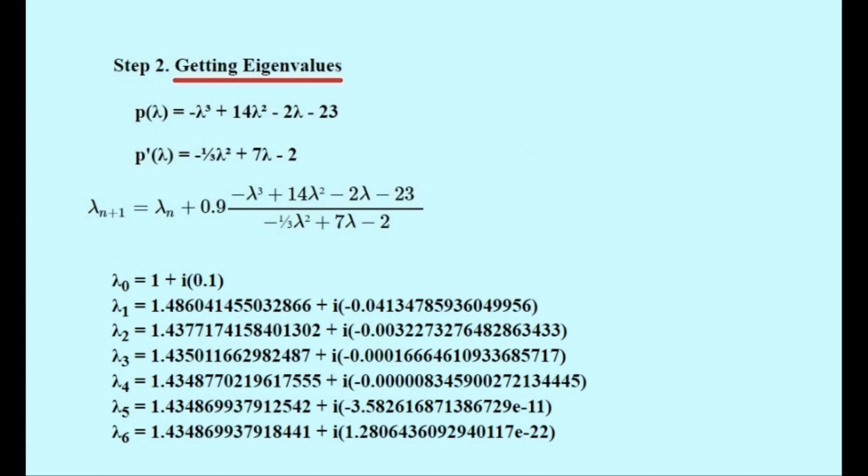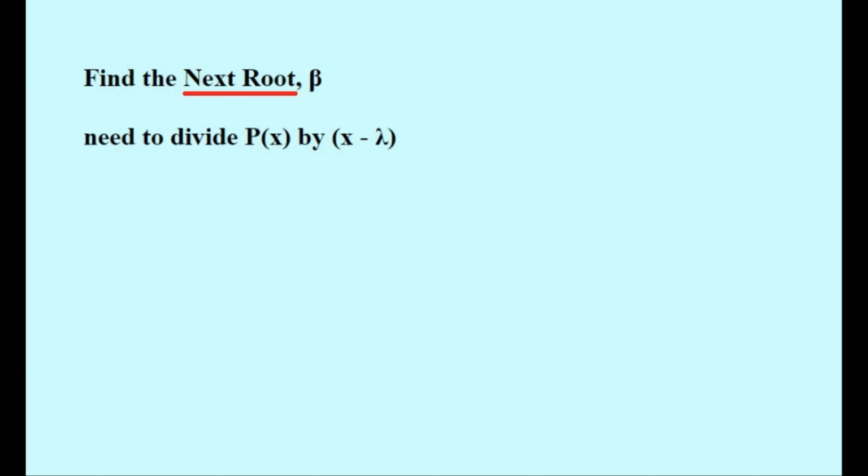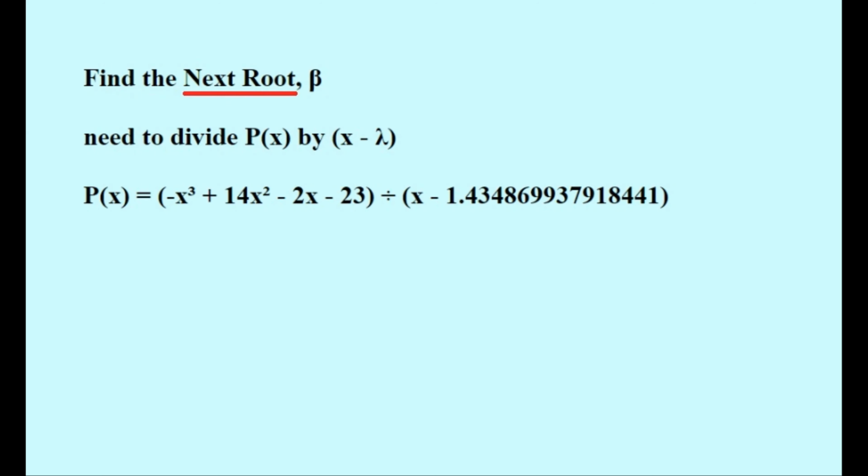Notice that the imaginary part is extremely small. And these are the corresponding values of the polynomial for these values of lambda, and they converge to 0. And so, to find the next root, we have to divide the characteristic polynomial by x minus the first root, which looks like this. So we'll have to do some polynomial division.